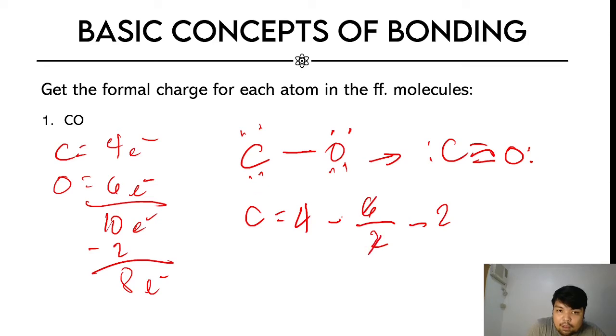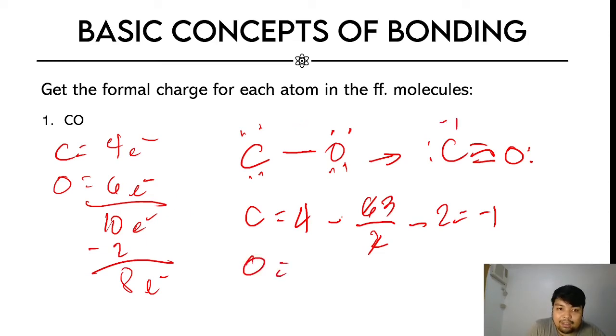So 6 divided by 2 is equals to 3. So 4 minus 3 is equals to 1, minus 2 is equals to negative 1. So carbon here will have a formal charge of negative 1.